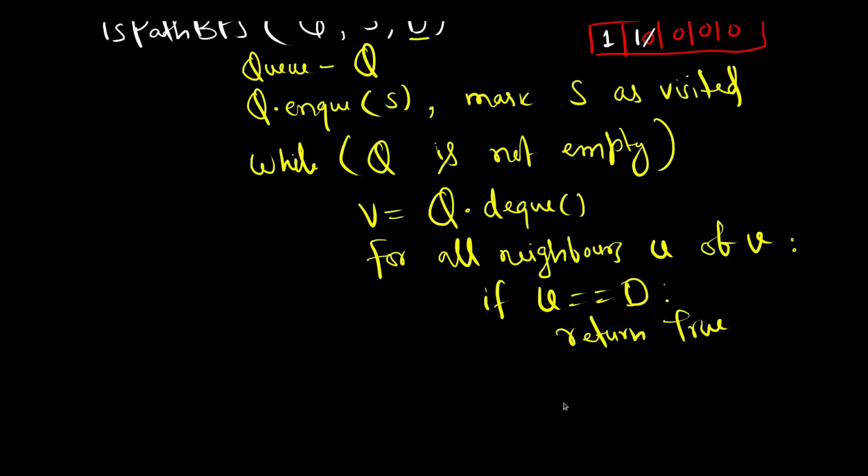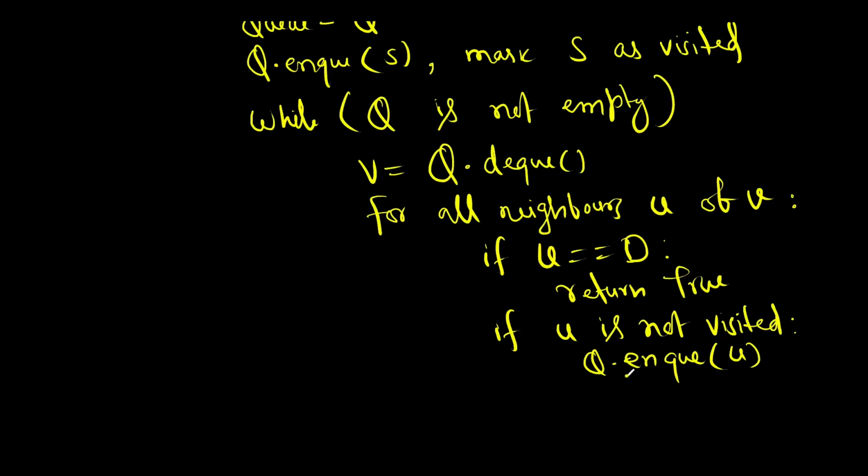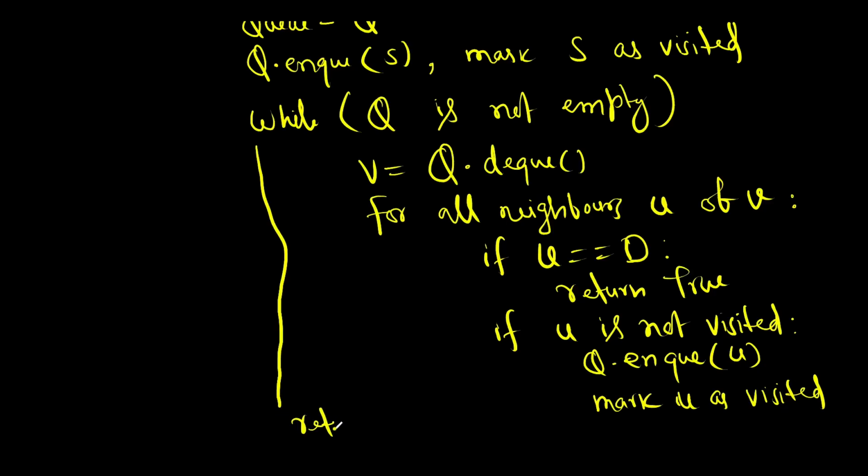One more thing we have to check, if u is not visited, we need to enqueue it because this particular node is not visited till now, right? And once you have enqueued this, we need to mark it visited, right? So we are done basically. But if none of these things happen, at the end you can return false. It means path is not found.